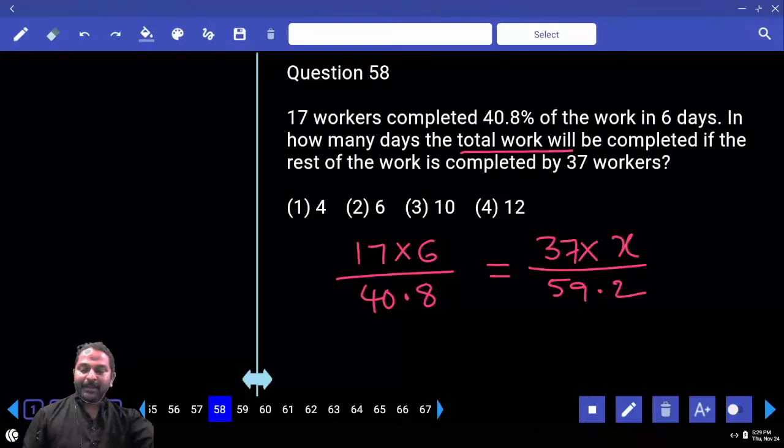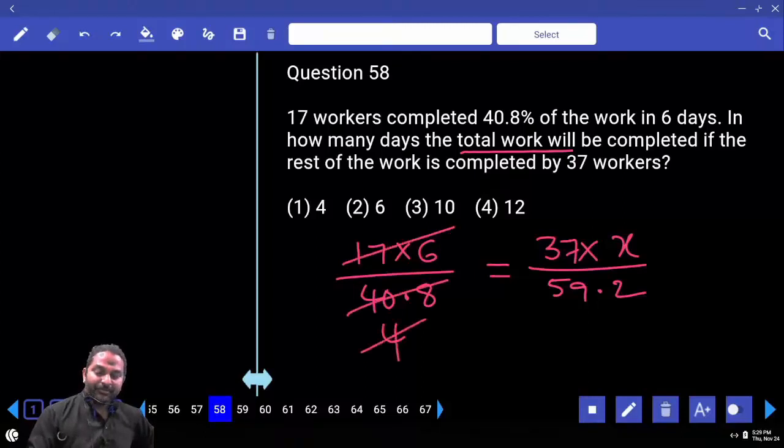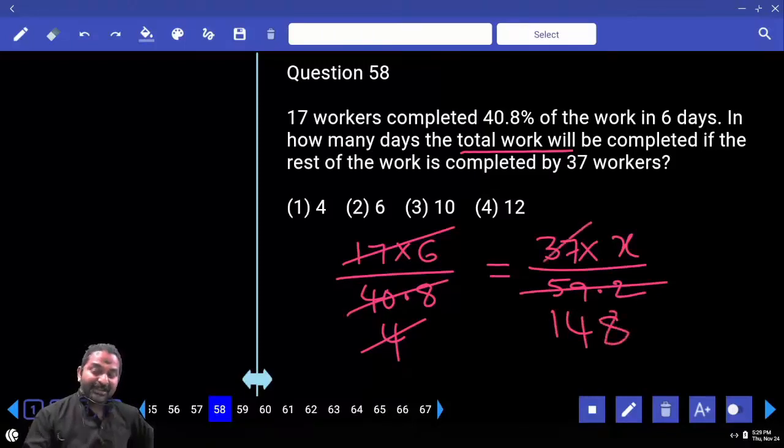In both denominators we have only one digit after the decimal, so we can treat it as 408 and 592. Left-hand side numerator: 17 times 6 is 60 plus 42, 102. 102 how many times? 4 times: 4 4s are 16, 32. 8 times 37 is double 74, 74 double is 148. So how many times is that? 4.